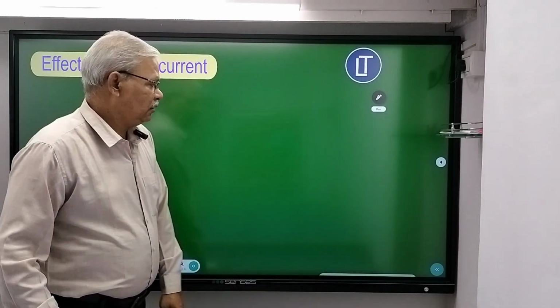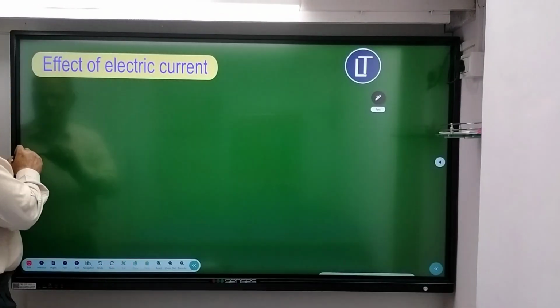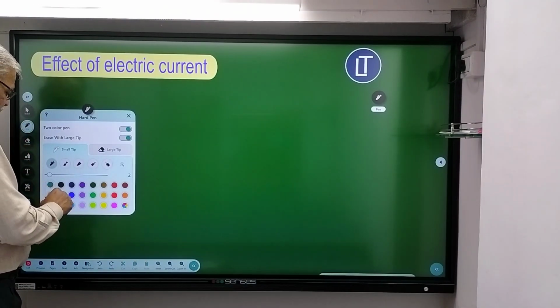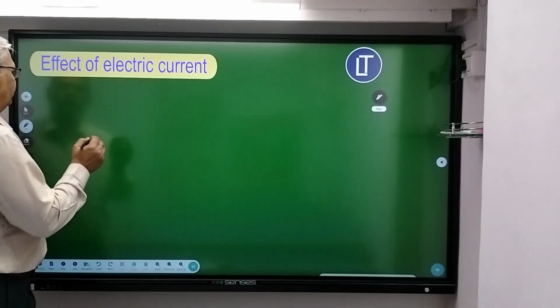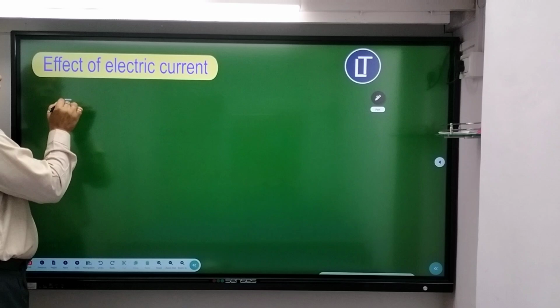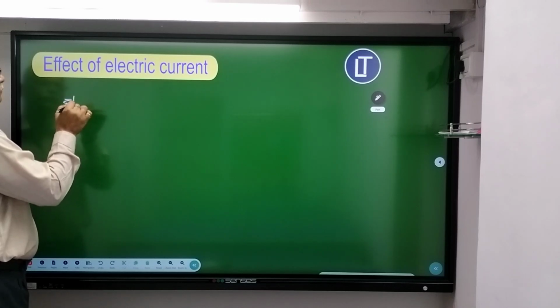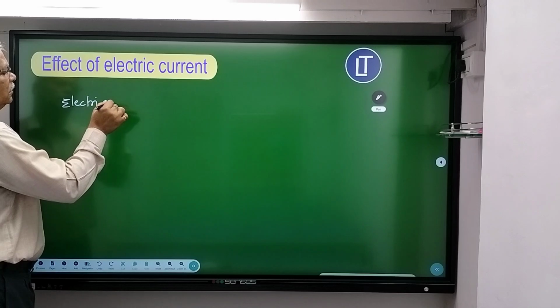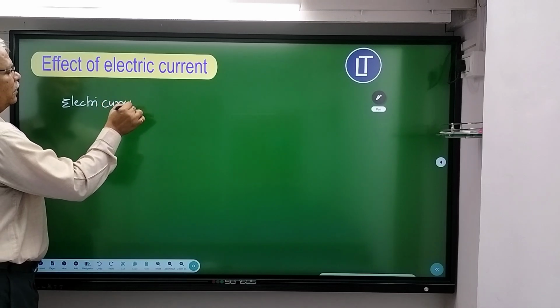Now see here, first I am going to write the definition. What is an electric current?